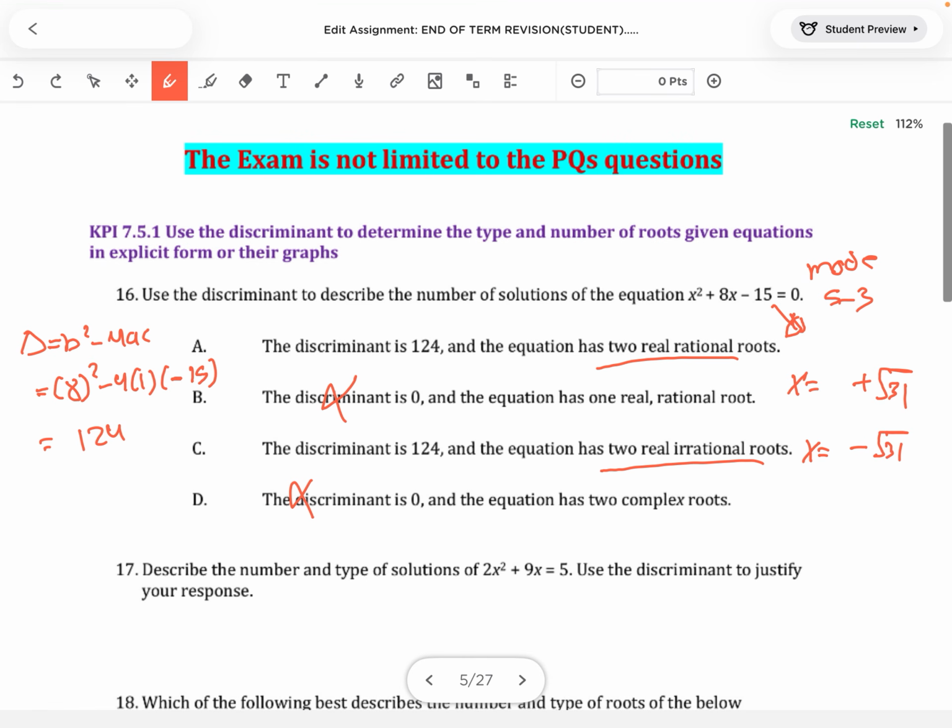Since I'm talking about radical, the answer will be irrational. Why? Because I have a radical in my answer. If it is a whole number, the answer will be two real rational solutions. Same story for the next one.